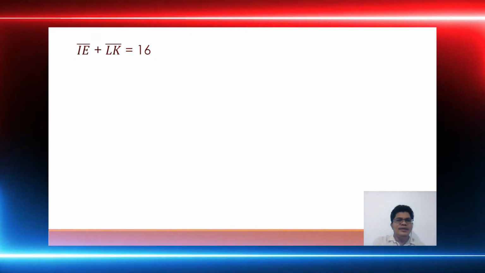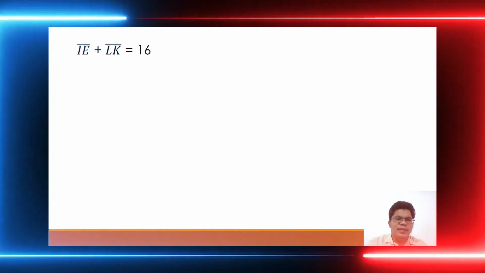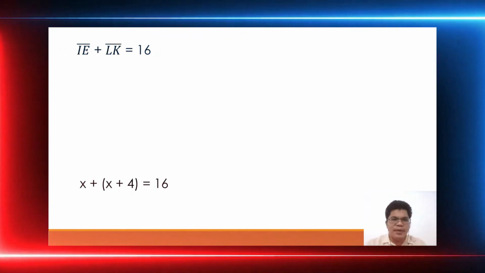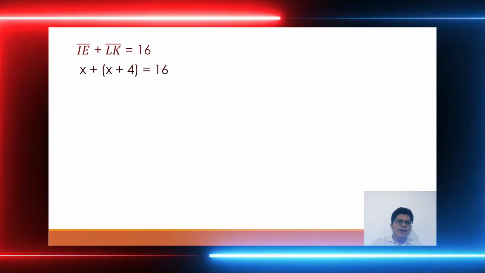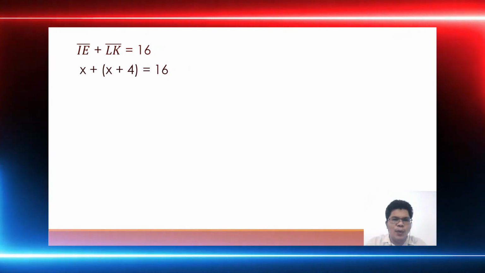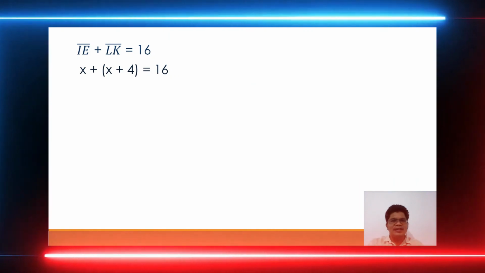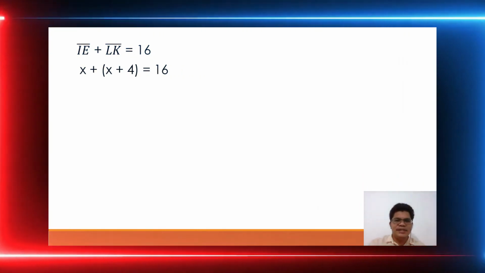Now since diagonal IE plus diagonal LK equals 16, and from the statement that one of the diagonals is 4 more than the other, it becomes x plus x plus 4 equals 16.